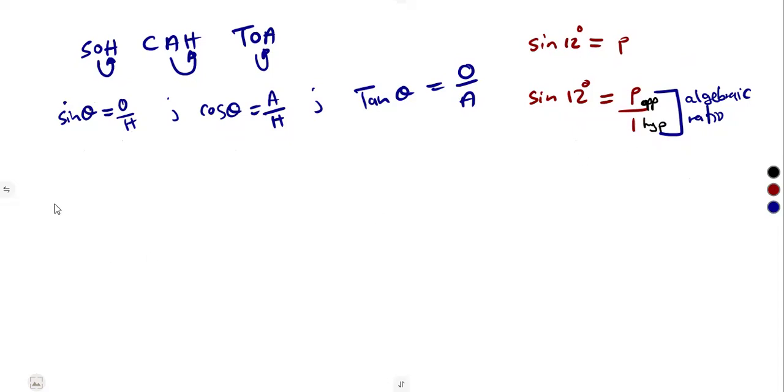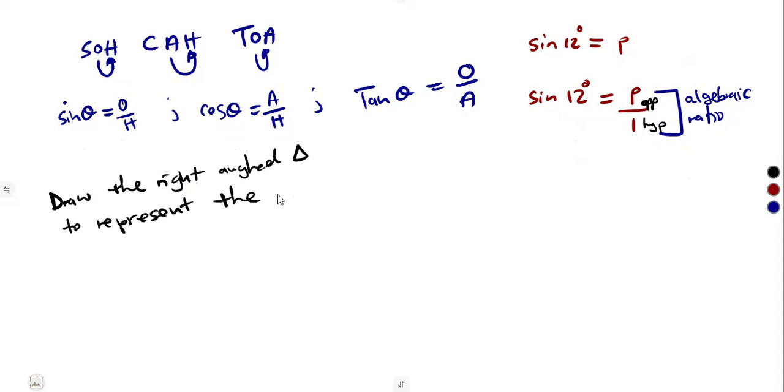So in this case, you can draw a triangle to represent the ratio. Draw a right angled triangle to represent the given ratio.